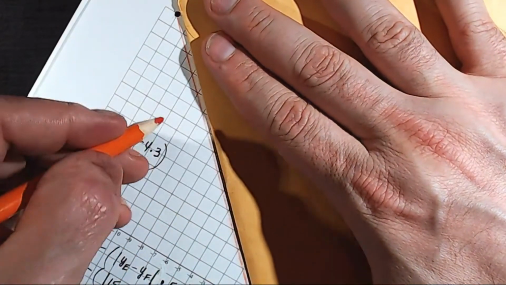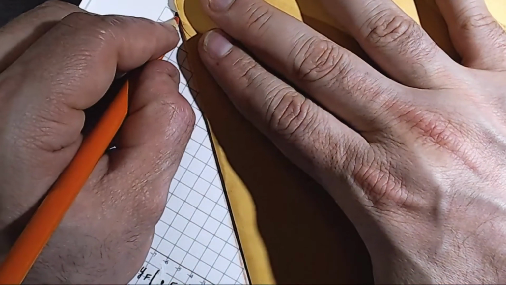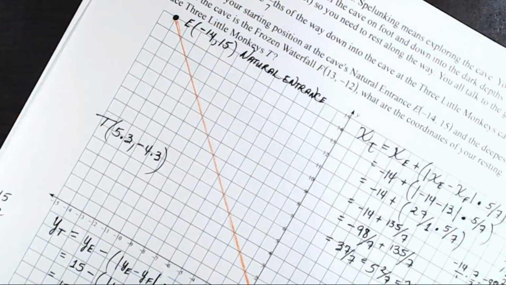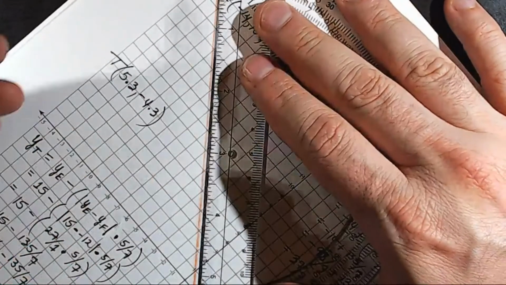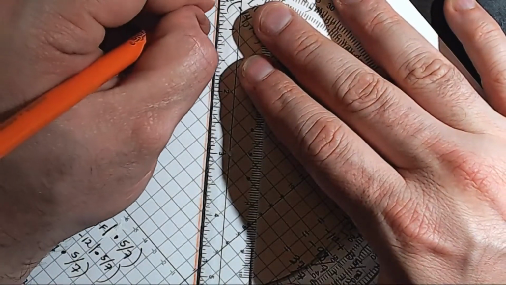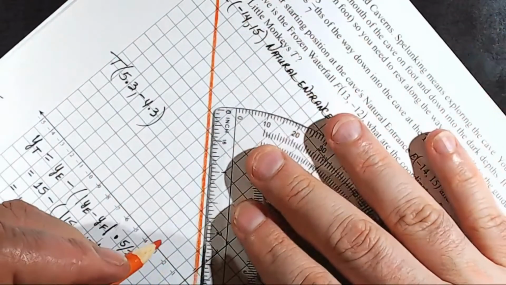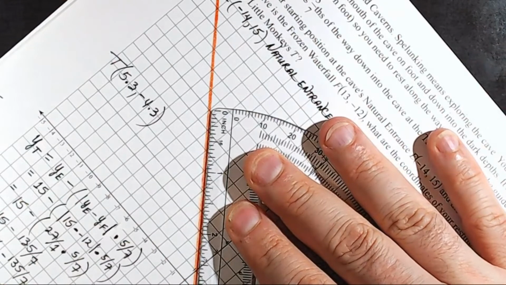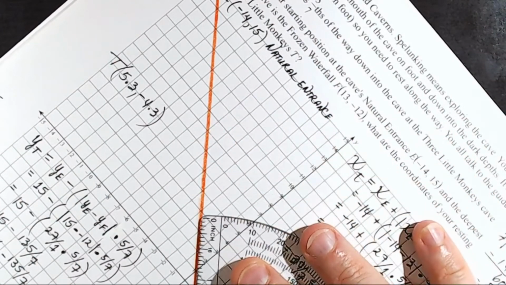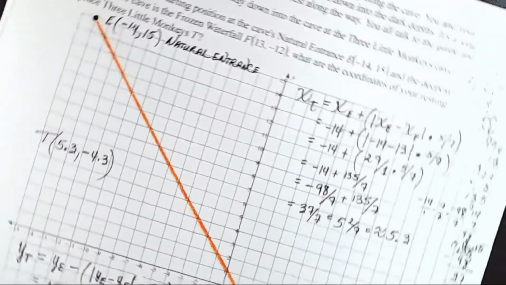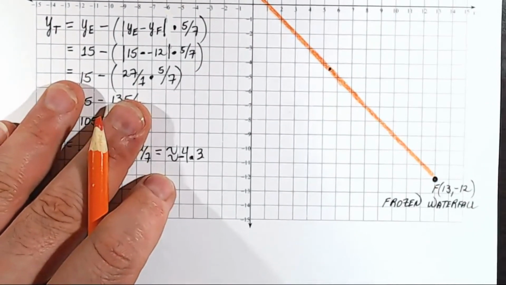Just trying to get this line drawn here. All right, so now I can use my straight edge. You gotta take your time and draw in this line. Right, and we're passing right through that point, which is good. Okay, so there's my line.